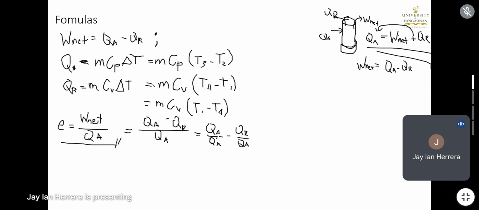So magiging 1 lang din yung first term natin.